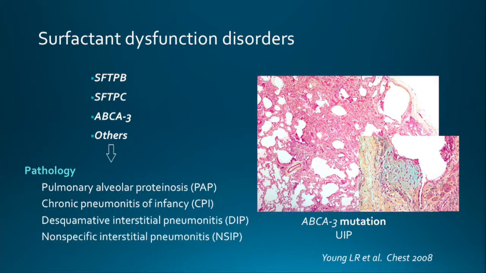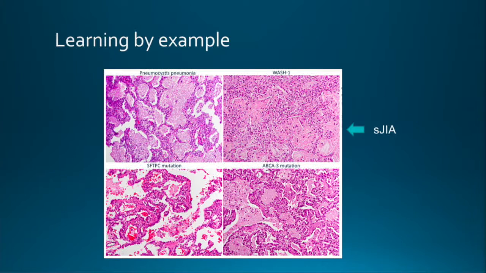So certainly we don't really understand a lot of the nuances of the pathology and the surfactant mutations, but we do have an understanding that there appears to be an evolution of features, and that if you go to the next slide, as life evolves, as kids get older, they tend to progress to more fibrosis and remodeling.